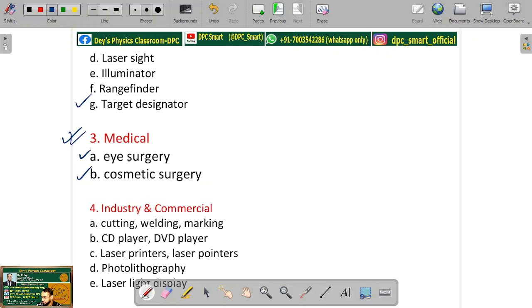They are also used in CD players and DVD players, in laser printers, and in our daily life as laser pointers. They are also used in photography and laser light displays. For all these purposes, lasers are used. So all these are applications of lasers.